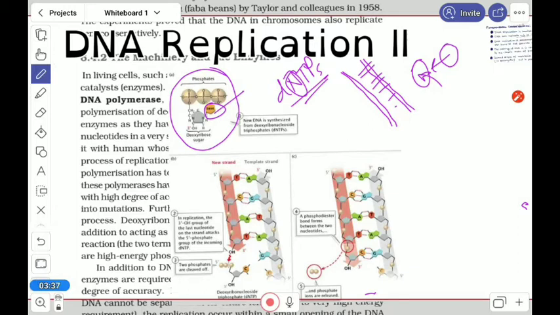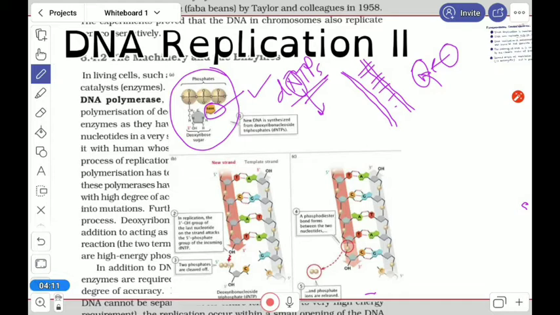If it is adenine, then it is deoxyadenosine triphosphate, then deoxyguanosine triphosphate, deoxythymidine triphosphate, deoxycytidine triphosphate. So these triphosphates form, and N can be any of these four bases. In that form, the raw material is available inside the cell.